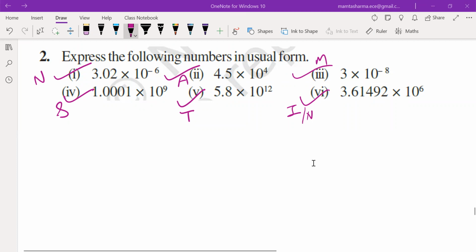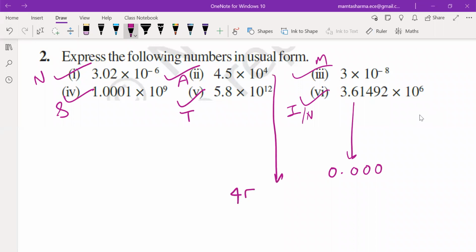Okay, Nitya Shri's answer is 0, 0, 0, 0, 0. Once again, 1, 2, 3, 4, 5 zeros, 302. Ananya, wait. Ananya's answer is correct, 45,000. Nitya Shri, check. Did Ananya write the correct answer, 45,000?